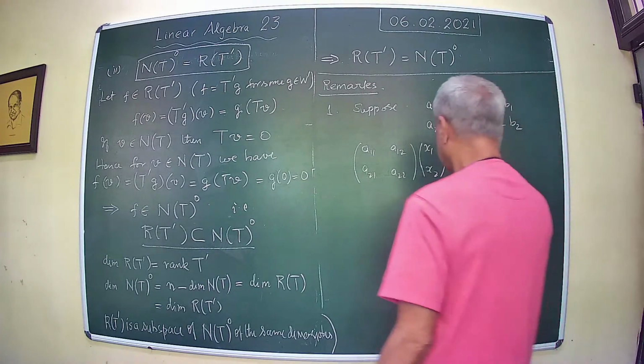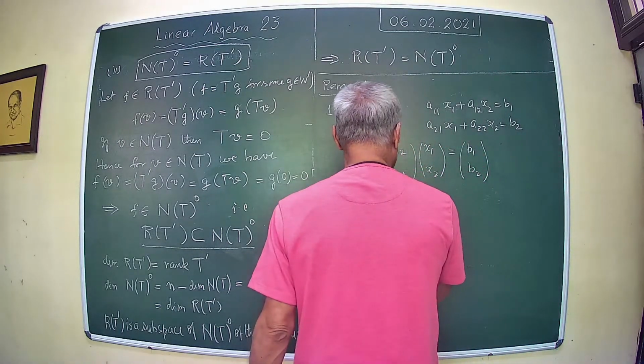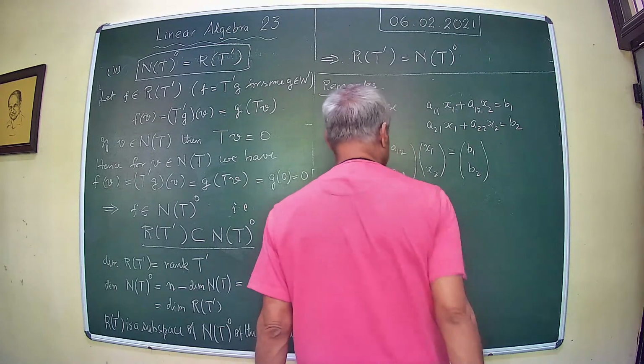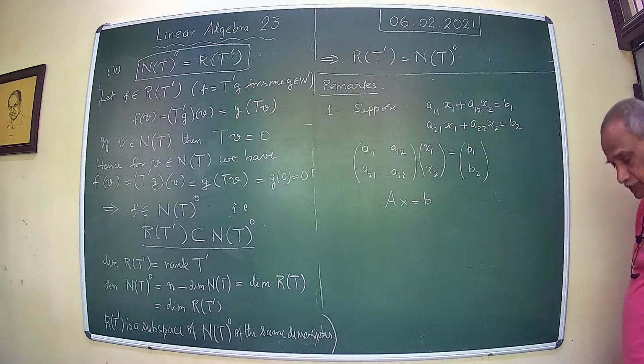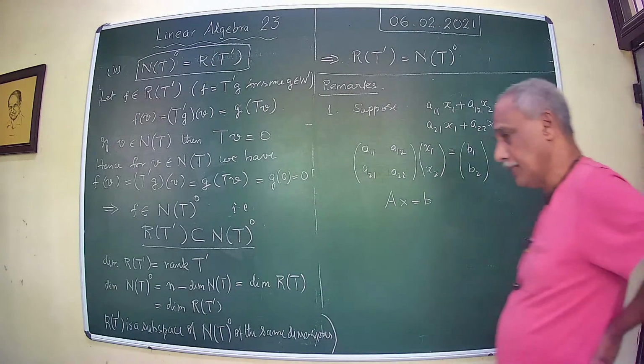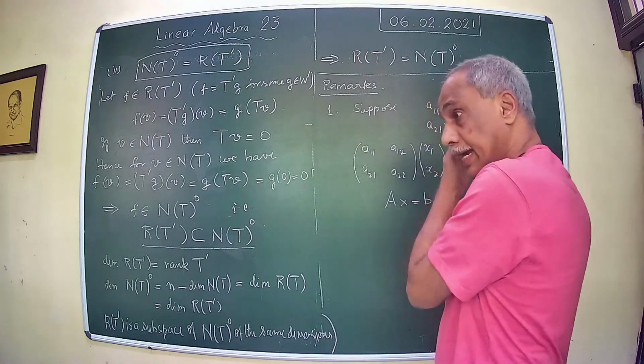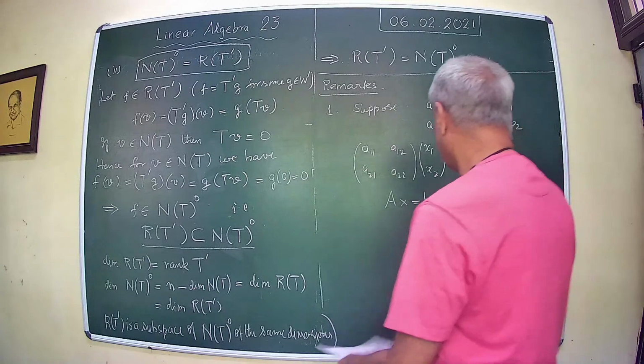This can be rewritten as A of x. So the problem that you have here is, given B, does there exist an x such that Ax equal to B?